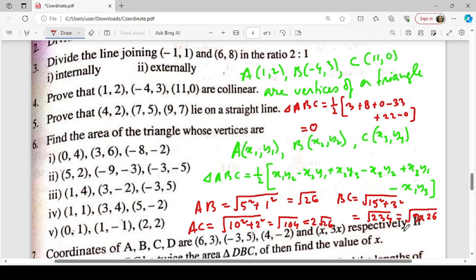So 9's square root comes out, so it is 3 root over 26.